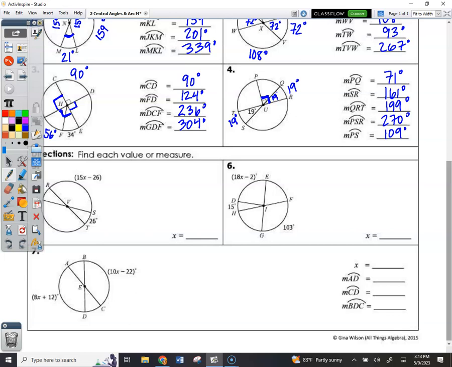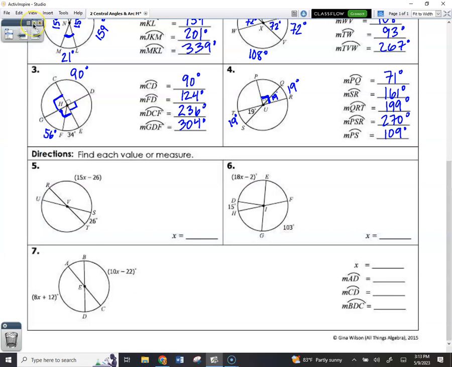Okay, the leveled up aspect here is now, instead of it being just plain numbers, we have polynomial expressions. It's not that bad. Go and find the actual numerical value, then set it equal to the polynomial. So for instance, number 5. First of all, we have how many diameters in the picture? 2.